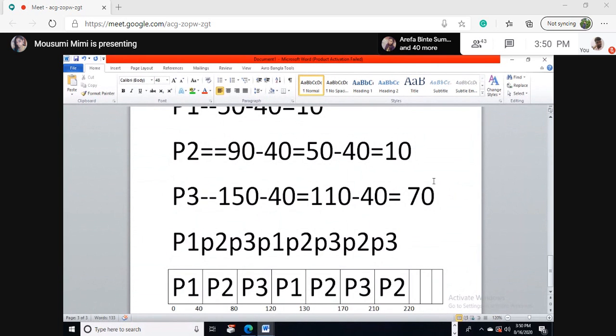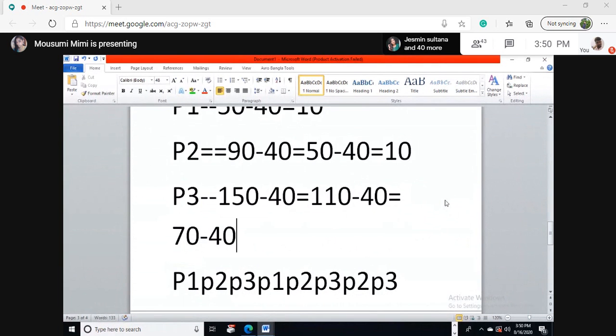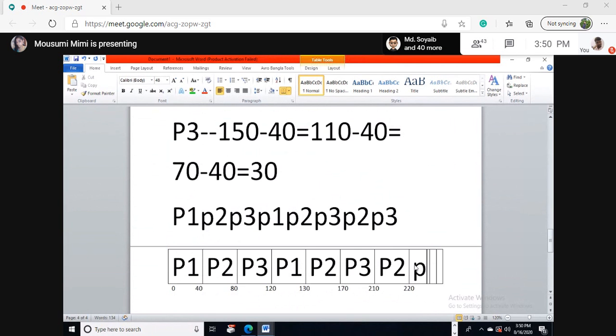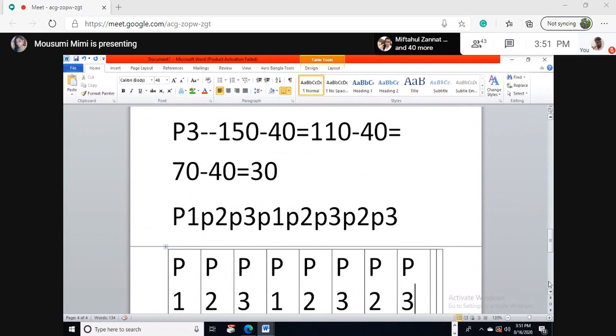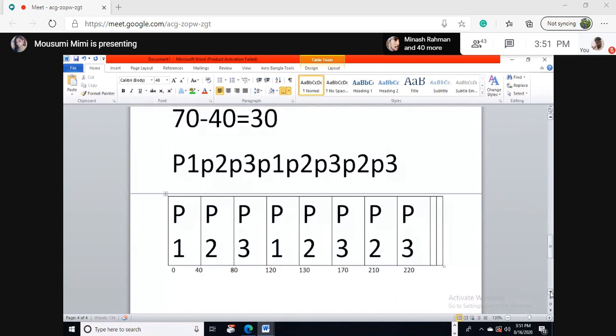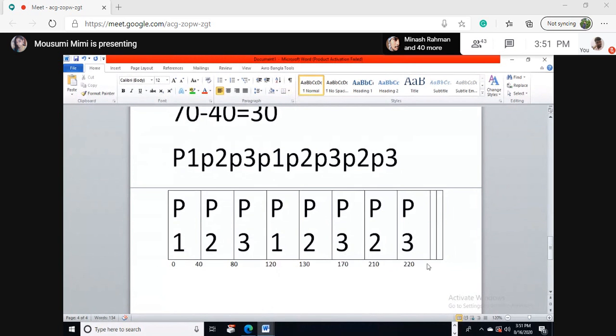The time quantum is 40 and remaining is 70. So 70 minus 40 equals 30. And again I go to process 3 because there is no more process left. So I do not change the Gantt chart for process 3, and I directly add 70 to 220. That means 290.